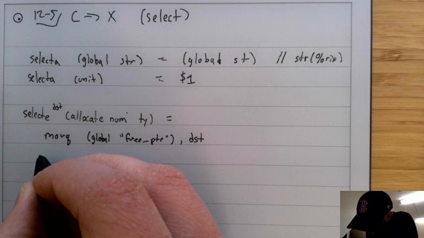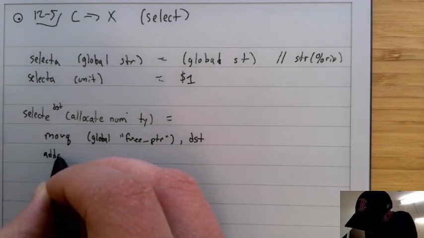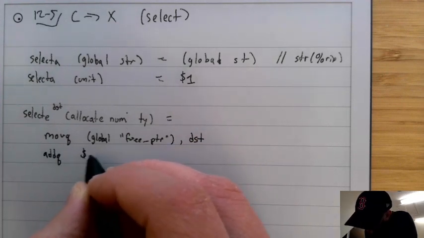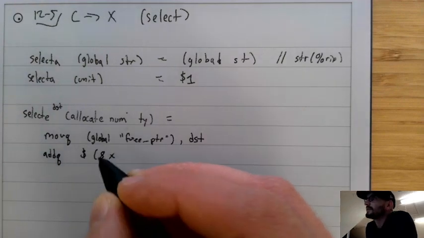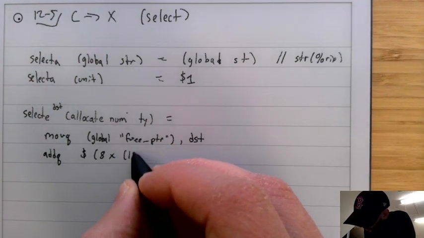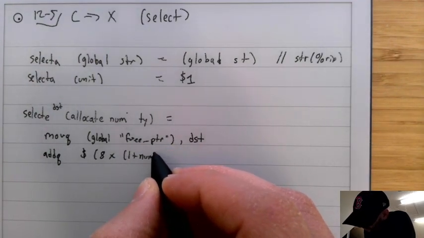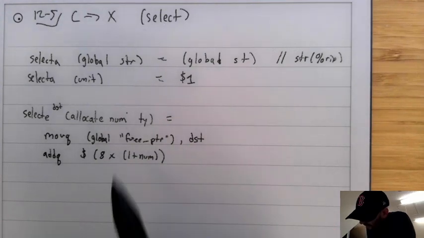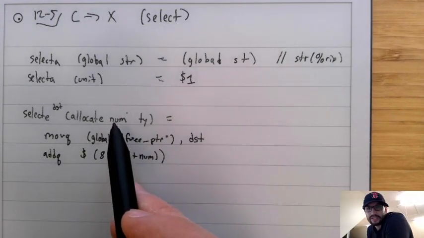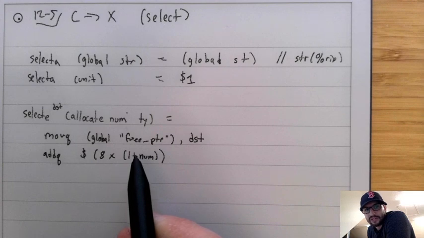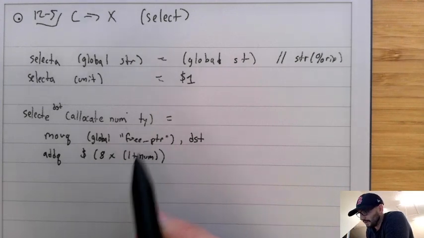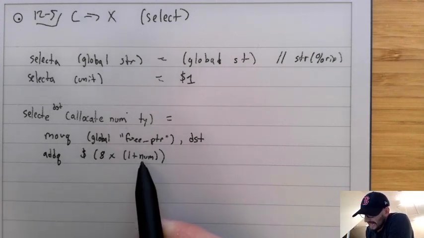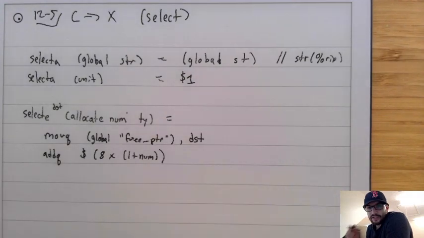Then what we're going to do is an add Q of the constant 8 times 1 plus this number. Okay, that number, by the way, is a constant. We know exactly what it is. We're going to add 1 to it, multiply it by 8. What's going on here? Well, we need that number of words, that number of slots in the vector, and then we need one more for what's called a tag.